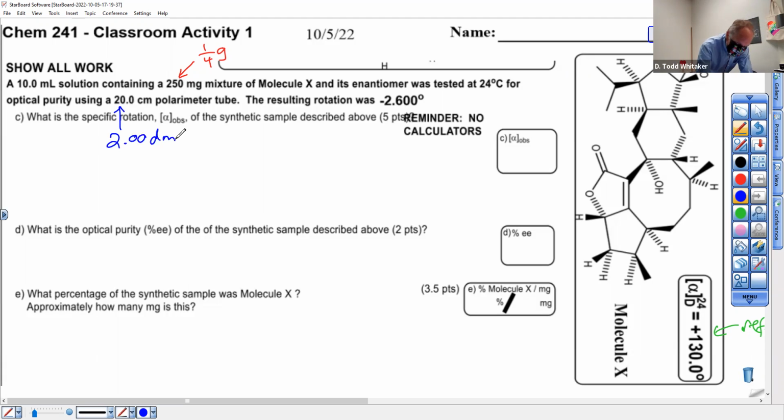So you're ready to set this thing up. We're going to do alpha. The specific alpha is what the square brackets mean for the observed rotation. Basically, we're standardizing the observed rotation, which was negative 2.60 in the question, original value in black, divided by grams per milliliter. 1/4 gram for every 10 milliliters times 2.